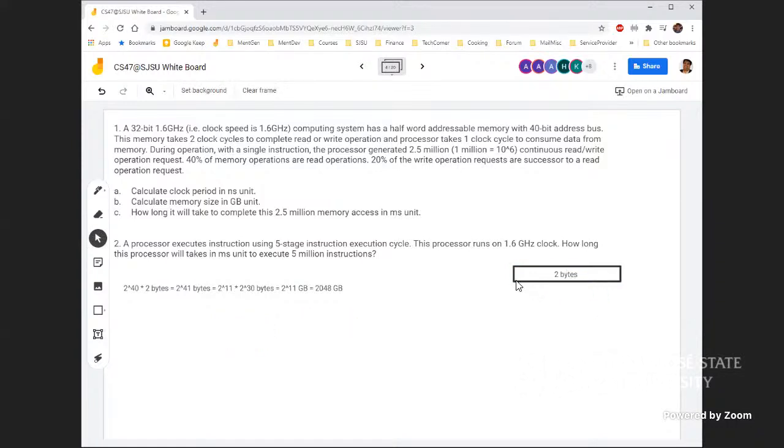And then you need to see how many such addresses are there, right? And that's basically 2 to the power 40.